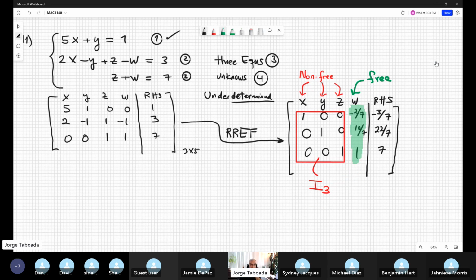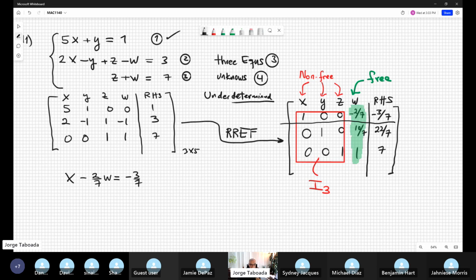Okay, so now I immediately, I don't waste the time, I write the first equation. I convert from the matrix language to the equation, which is X, no Y, no Z, and W, yes, but it's minus 2 over 7 W equal negative 3 over 7.